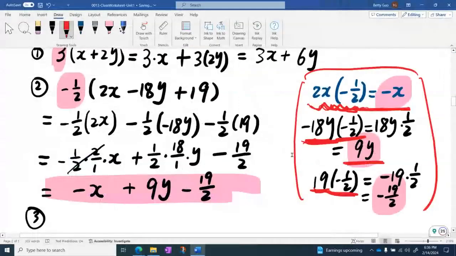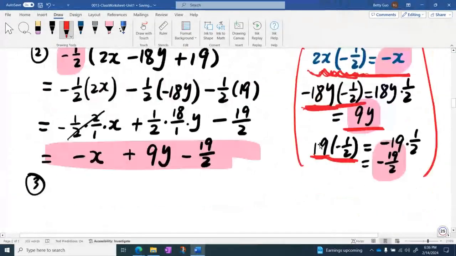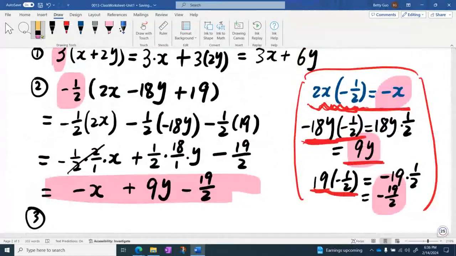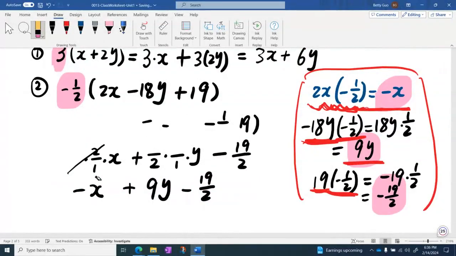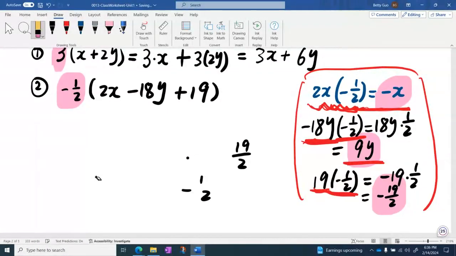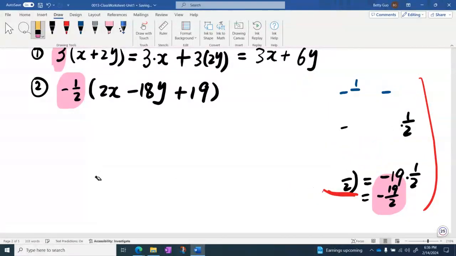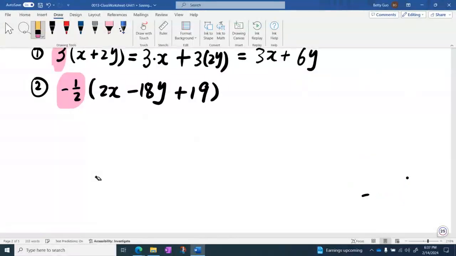Actually, let me do it again in a more organized way. In the group, we have 3 terms. We agree on that. So after we apply the distributive property, we expect to have 3 terms again, but they will look different because each of the terms will have a coefficient negative half. The first term is 2x, the second term is negative 18y, the third term is 19.